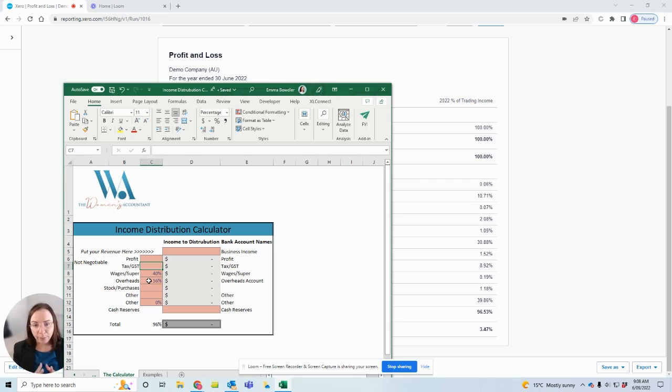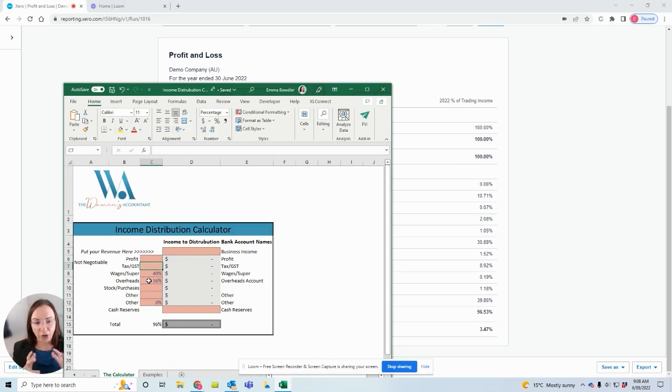A big problem that I see a lot of business owners get into is they leave the tax and the GST in their trading accounts, and then they use that money for their overheads or the cost of doing business. I would strongly encourage you not to do that. Because I'm always of the mindset that if it's out of sight, it's out of mind.